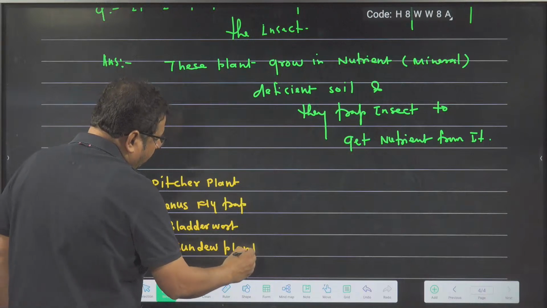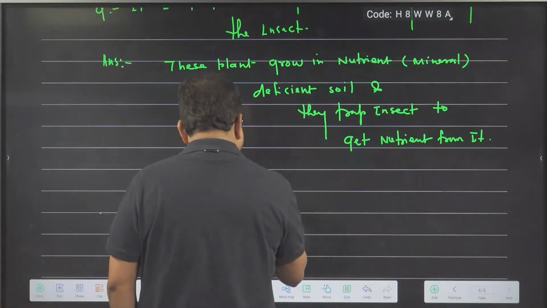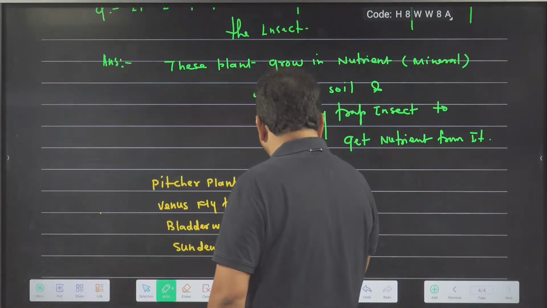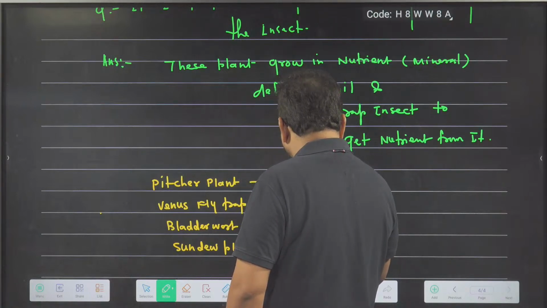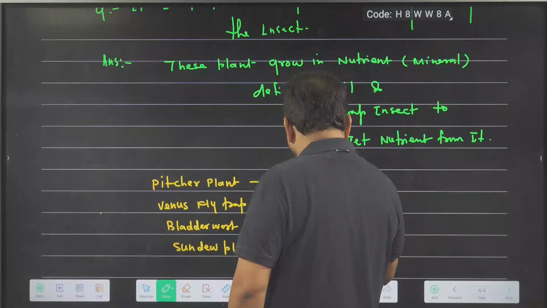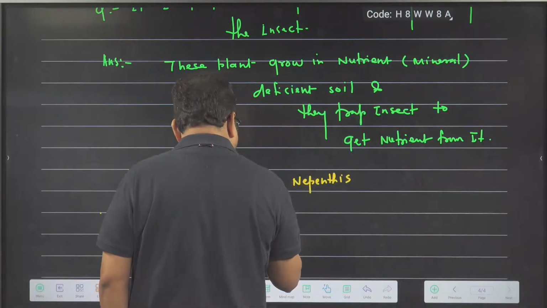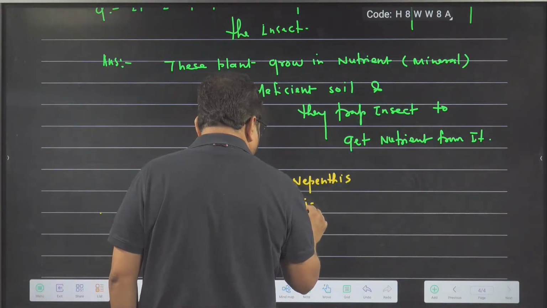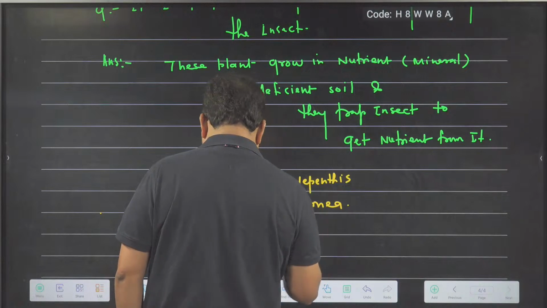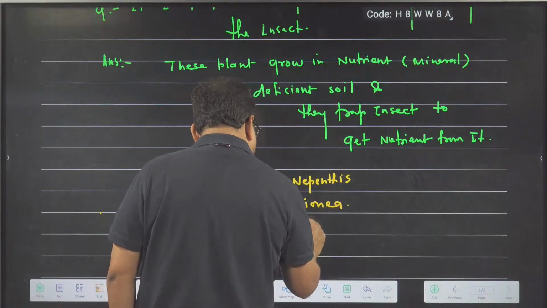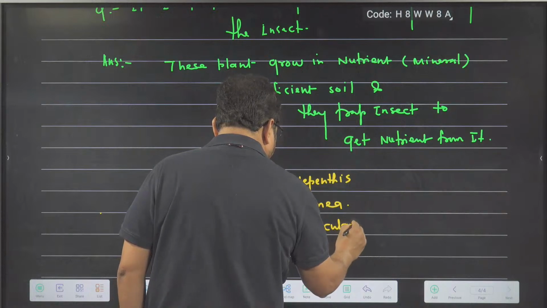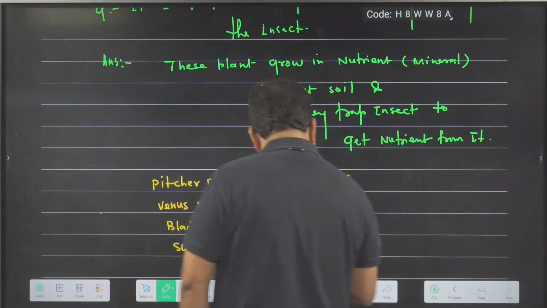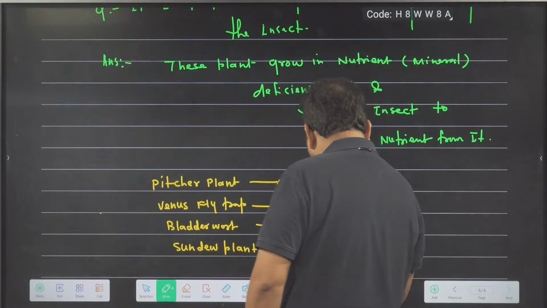These are all insectivorous plants. Pitcher plant is also called Nepenthes. Venus flytrap is also called Dionaea. Bladderwort is also called Utricularia. And sundew plant is also called Drosera.